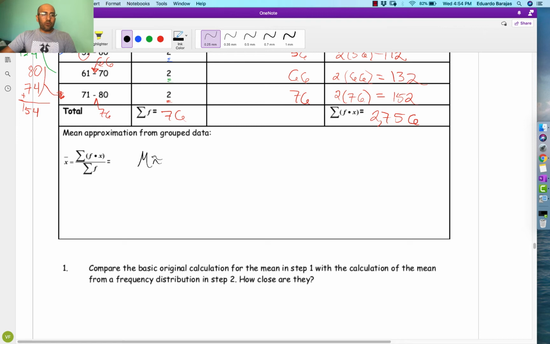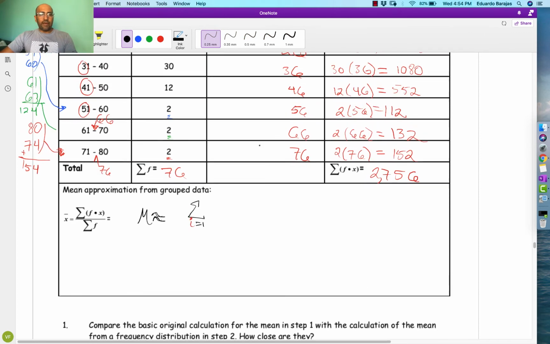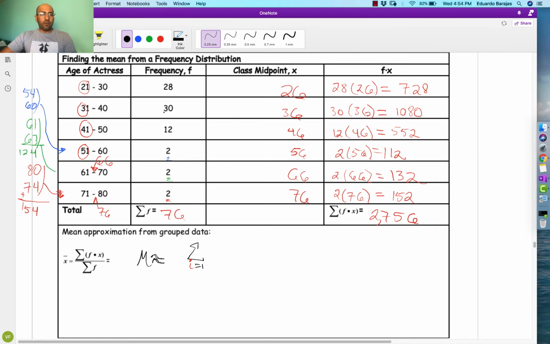This little squiggly equals is to indicate that it's an approximation, not necessarily equal to. And let's say that we have this thing, and it goes from i starting at 1, 2, and then how many classes do we have? We have 1, 2, 3, 4, 5, 6 of them. So we're going to do this from 1 to 6.